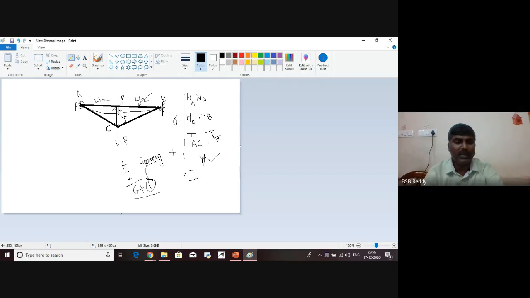Say the span L is given, and similarly the total length of the cable is given, for example S. If S is the length of the cable, S means the length of AC plus BC. As this is symmetric, the length of AC is S by 2.